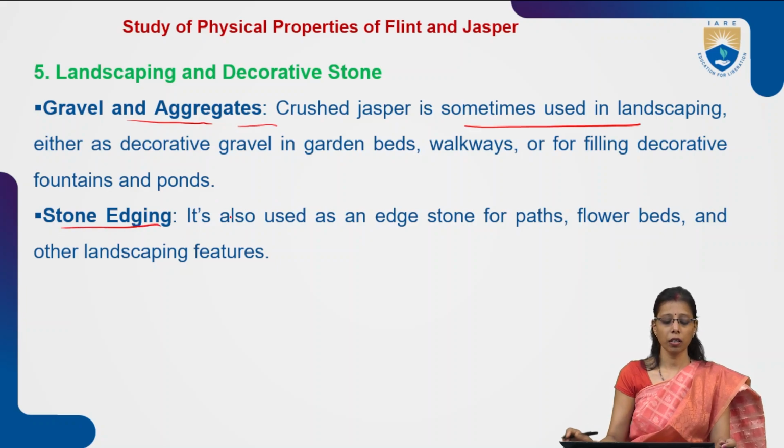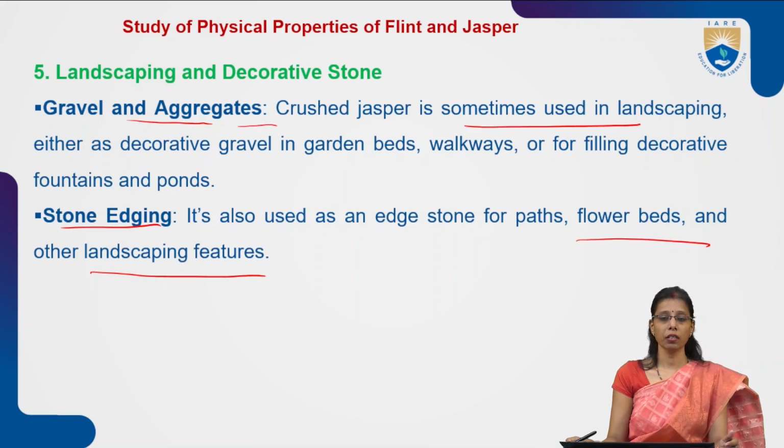Now, stone edging: it is used as an edge stone for paths, flower beds and other landscaping features. Because it's a decorative item, it is used in footpaths, and also as edge stone for flower beds and landscaping features. So this material is used for landscaping purposes.